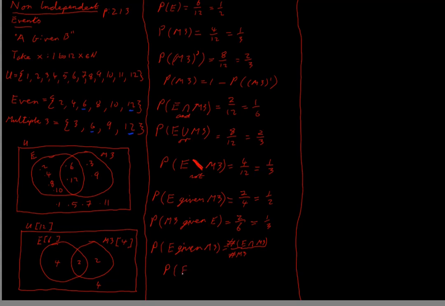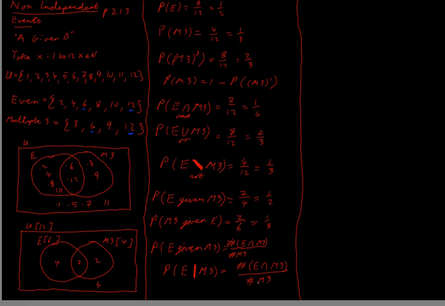So E vertical line multiple of 3 would be cardinal number of E intersection multiple of 3 all over cardinal number of multiple of 3. And hopefully you are happy with where that argument is coming from.